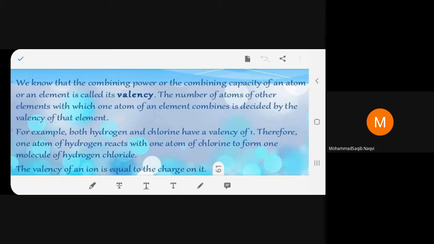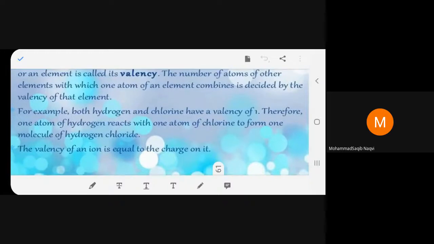Therefore, one atom of hydrogen reacts with one atom of chlorine to form one molecule of hydrogen chloride. The valency of an ion is equal to the charge on it.